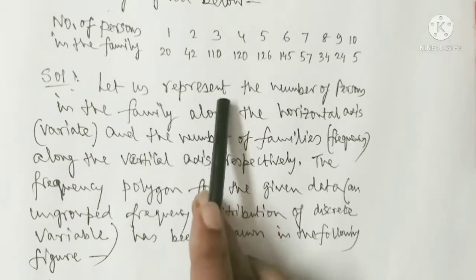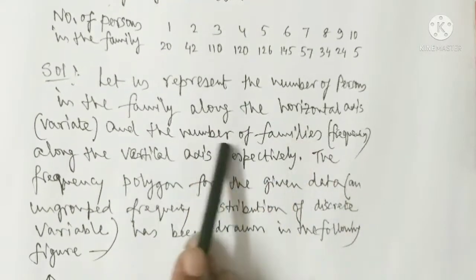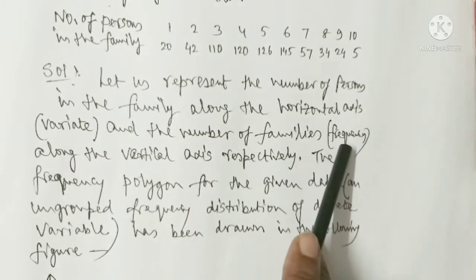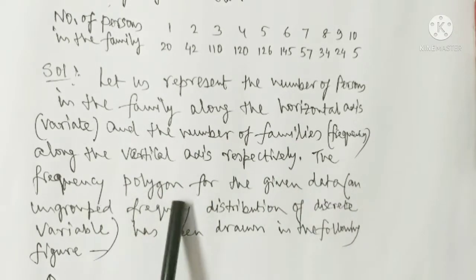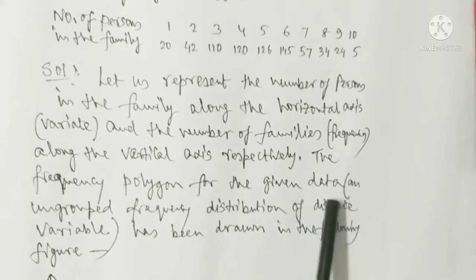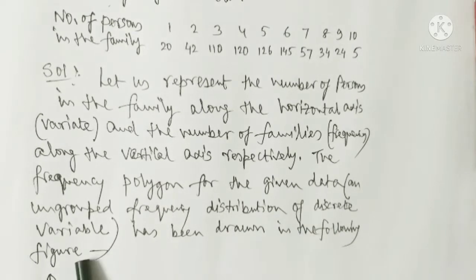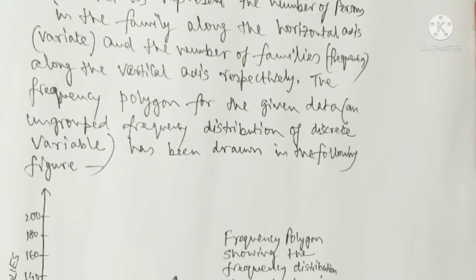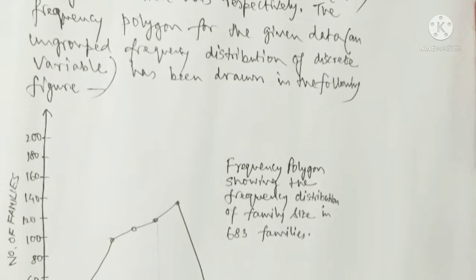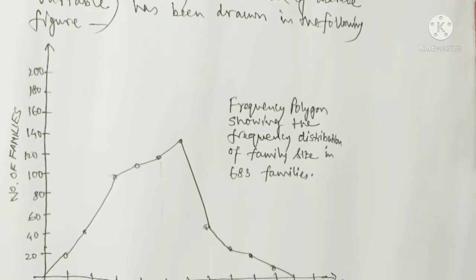Along the x-axis we measure number of persons and number of families along the y-axis, the vertical axis. The frequency polygon for the given data, an ungrouped frequency distribution of a discrete variable, has been drawn in the following figure.